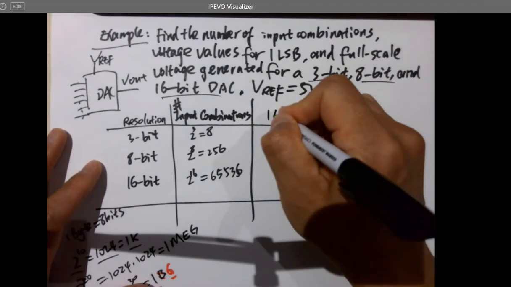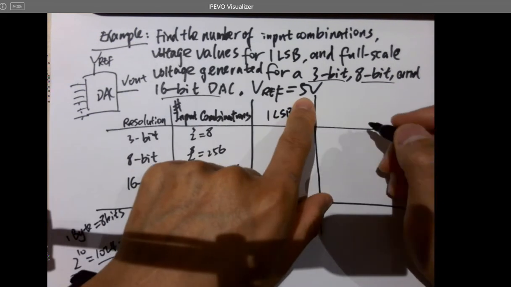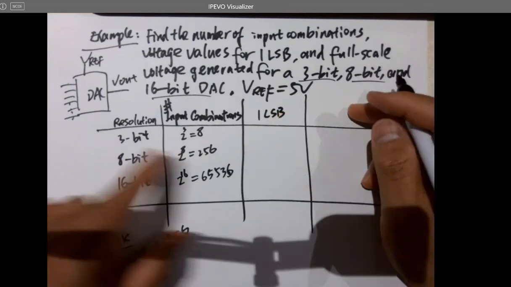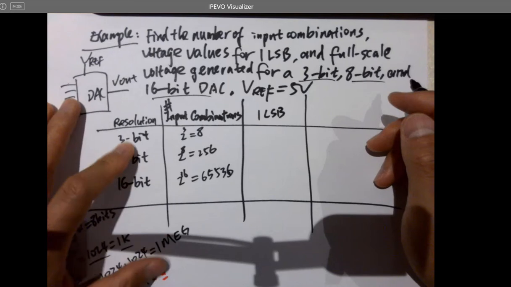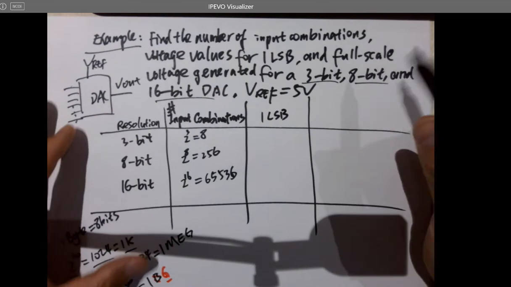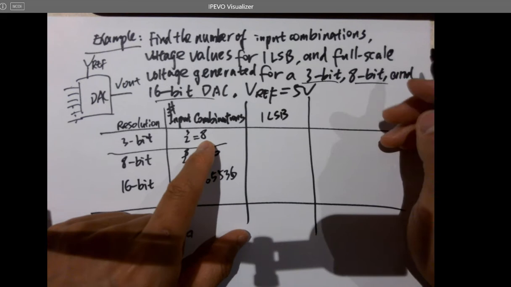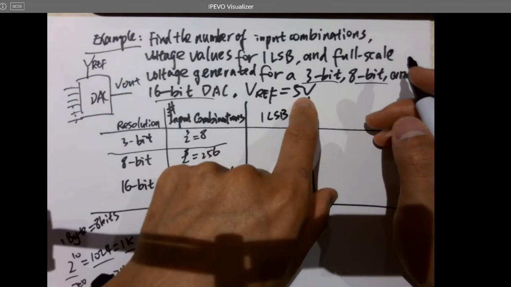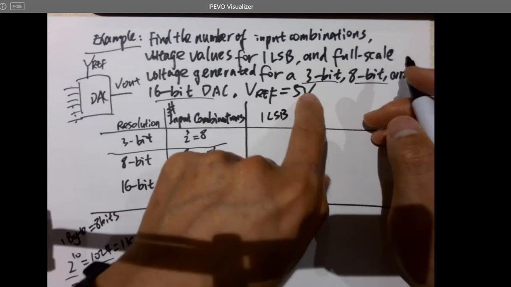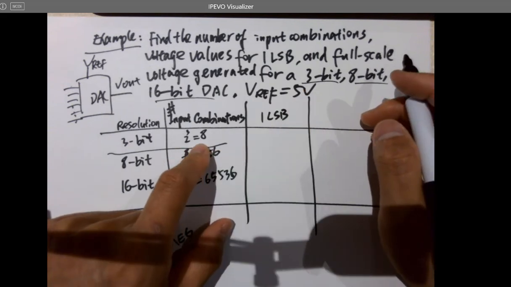1 LSB. What is 1 LSB voltage? We know it's 5 volts for the VREF. So what's 1 LSB? You have this type of resolution, which means there will be 8 stages to divide that 5 volts. It's splitting that 5 volts into 8 pieces, so anything lower than that cannot be resolved.